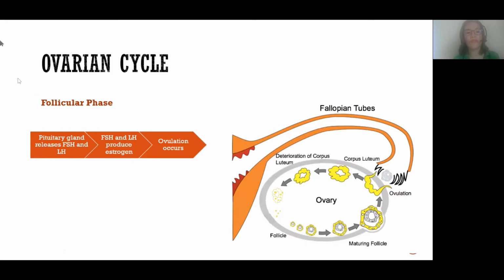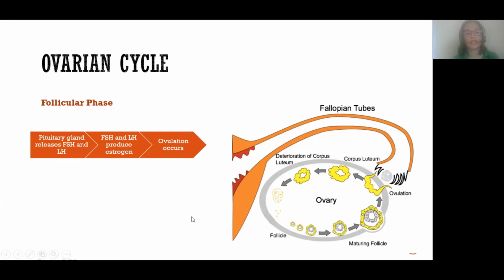So the follicle stimulating hormone and the luteinizing hormone produce that estrogen, and that makes ovulation possible. So estrogen prepares for ovulation, for the ovum to be released from the maturing follicle.